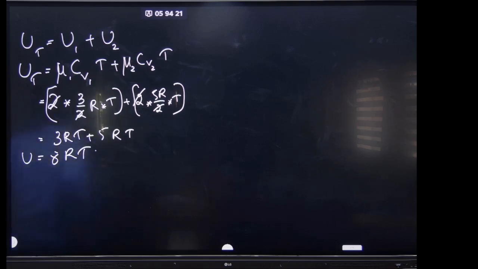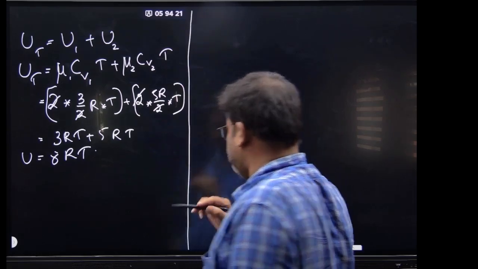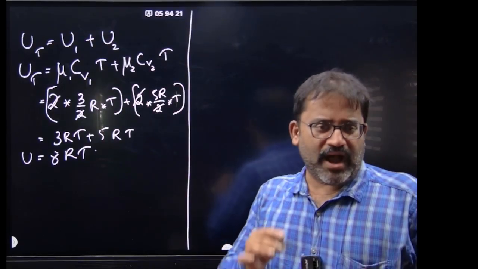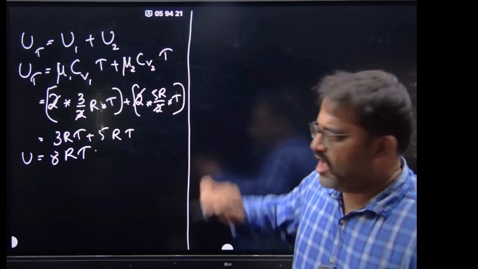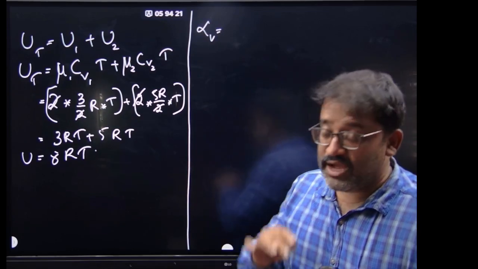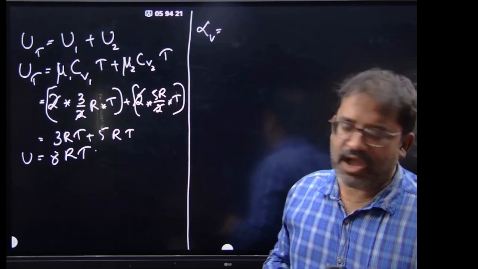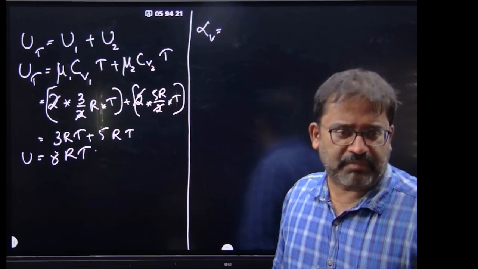So we need to connect alpha V with either T or 1 by T. That means I need an equation in terms of alpha V and 1 by T, or alpha V and T. Now how to do that? First of all, let us know what alpha V is. Alpha V is called the coefficient of volume expansion, or also the coefficient of cubical expansion.